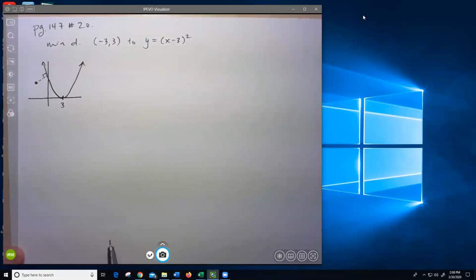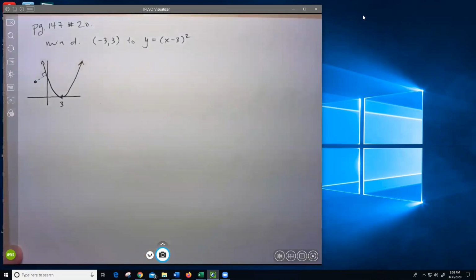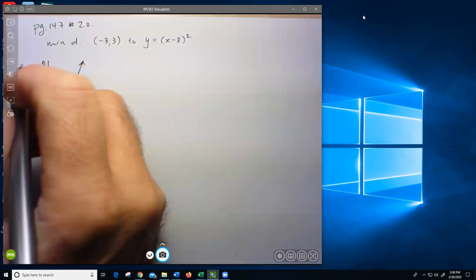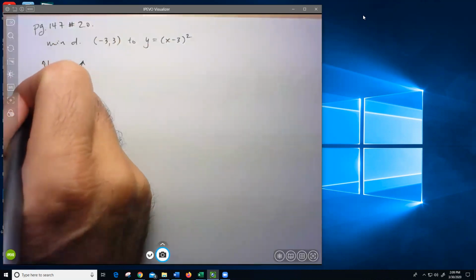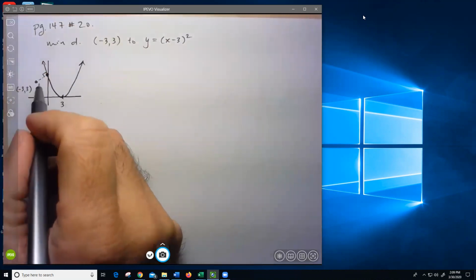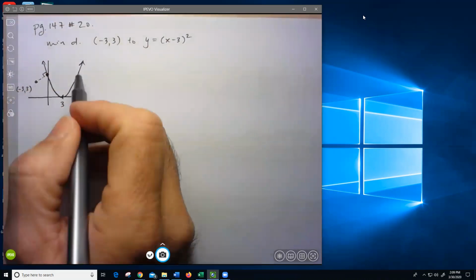Now, anybody want to make a suggestion as to what else I'm going to add onto this diagram to help set it up? Well, you know that the point that it hits on the curve is x, and then x minus 3 squared is the y value of it. There you go. So I've got this point, (-3, 3), and I'm looking to find the shortest distance to some point on this curve.